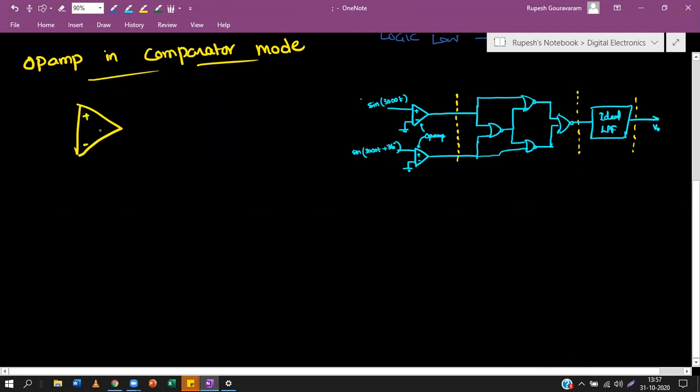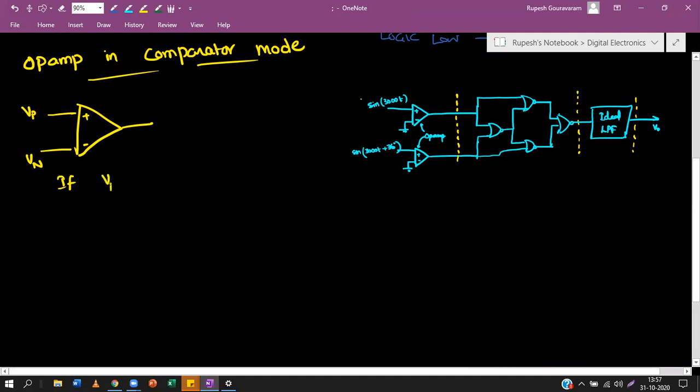There are two signals, plus and minus. Let us take this as VP, this as VN. Okay. So what does the op amp do? It will compare these two signals, VP and VN.